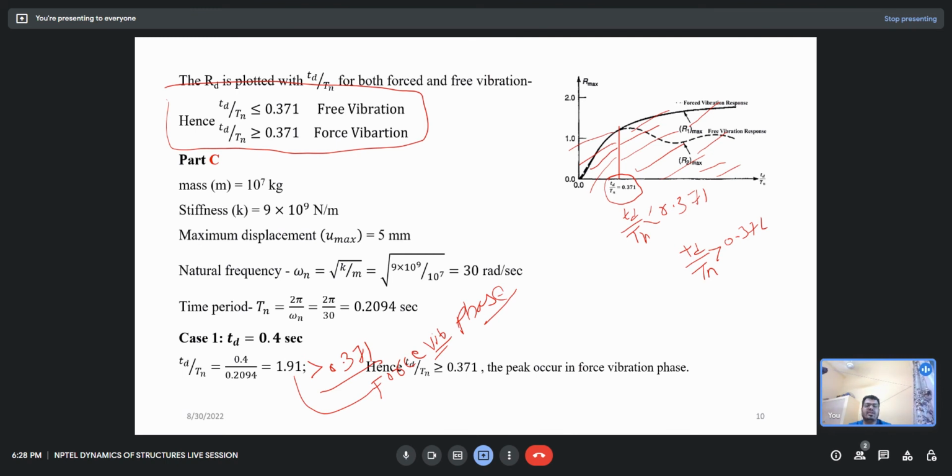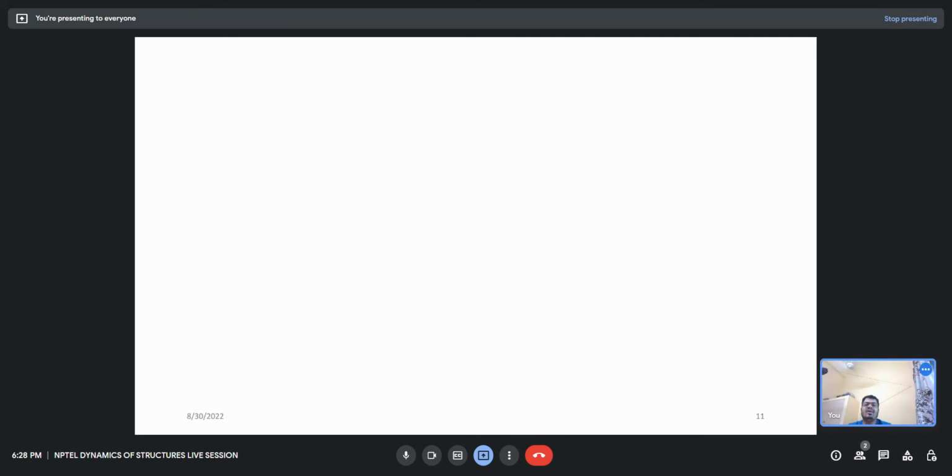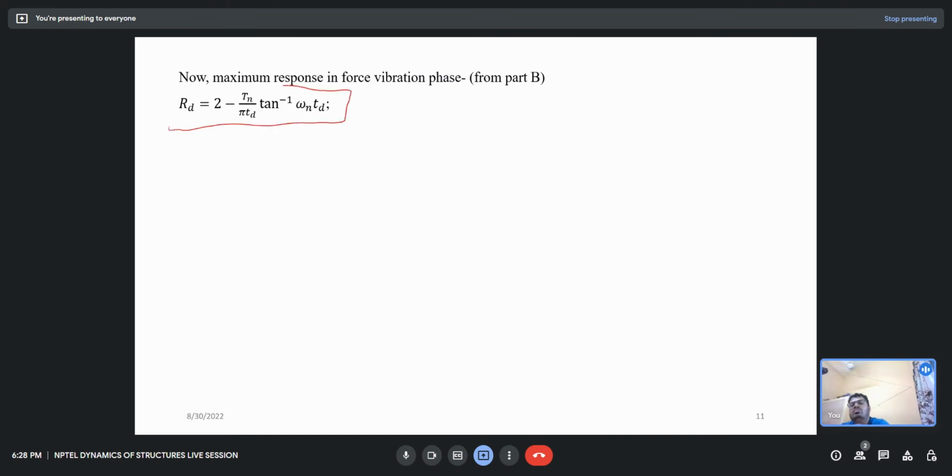The peak occurs in the forced vibration phase, so I will use the maximum response in the forced vibration phase, which I found in part B: Rd is equal to 2 minus Tn divided by pi Td tan inverse omega n Td. I have the value of Tn, Td and omega n, all the values are with me, so I can find Rd, and my Rd comes out to be 1.75.